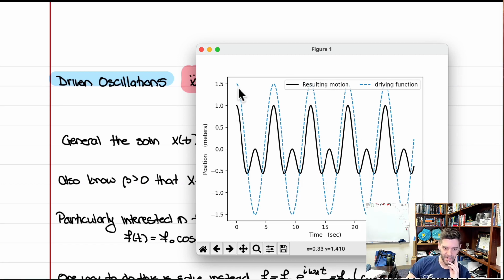When they're aligned, you get a big amplitude, right? It goes all the way out to 1. When they're anti-aligned, they're working against one another. The spring wants to go to the right, the driving function is trying to push it to the left. You get a smaller amplitude as a result. Then it oscillates back and forth between that.